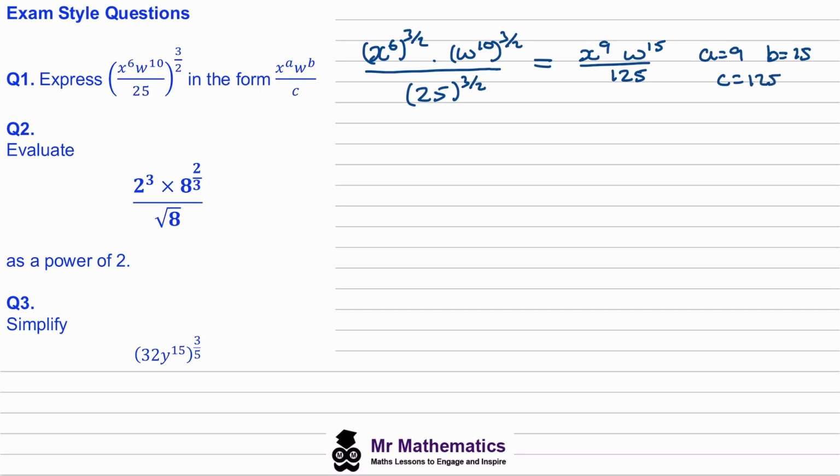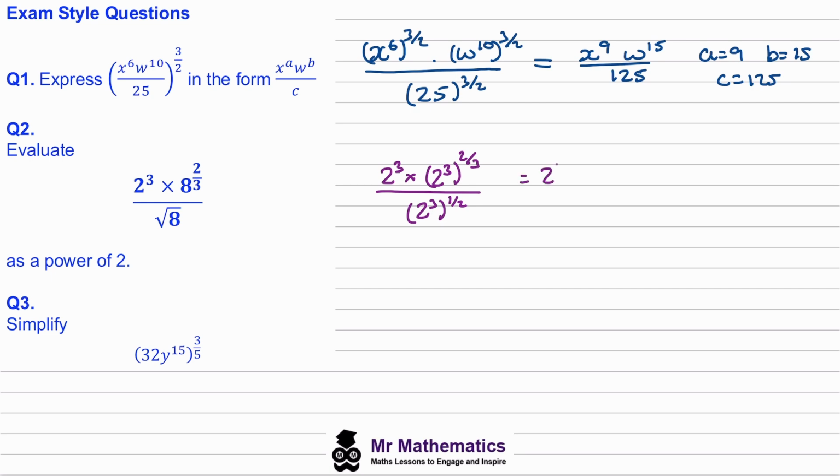And then for question 2, we can write the 8 as 2 cubed, and we can convert this root to a power. So we'll get 2 to the 3 multiplied by 8, or 2 cubed, to the 2/3, divided by 2 cubed to the half. Again, we'll apply the power rule here.